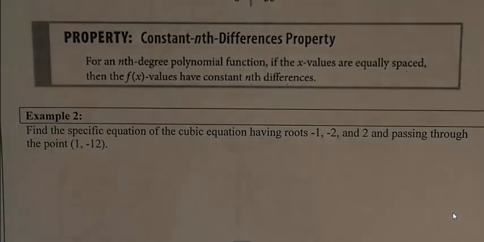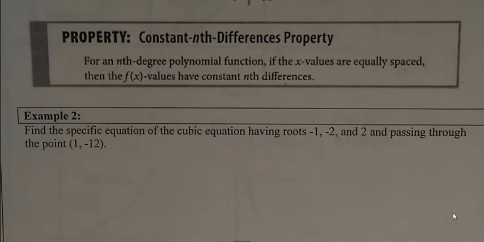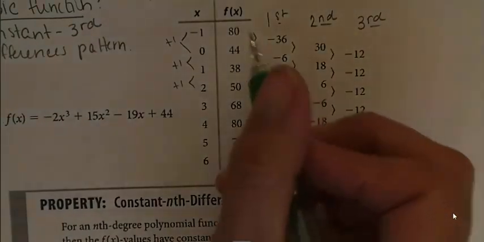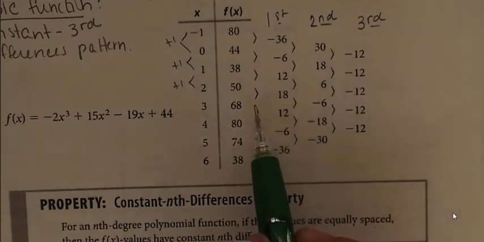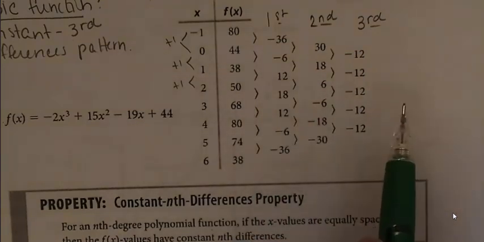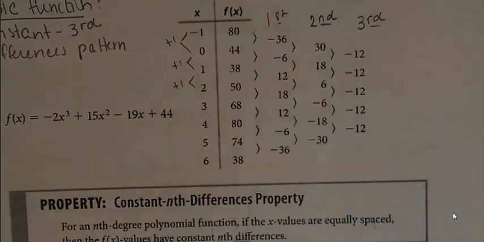Okay, so we're not even going to apply that, but just so that you know that, if you ever do get a set of data, you could look at it and ask yourself, all right, let me see if there is a constant 2nd, 3rd, 4th, 5th, 6th, 7th difference.